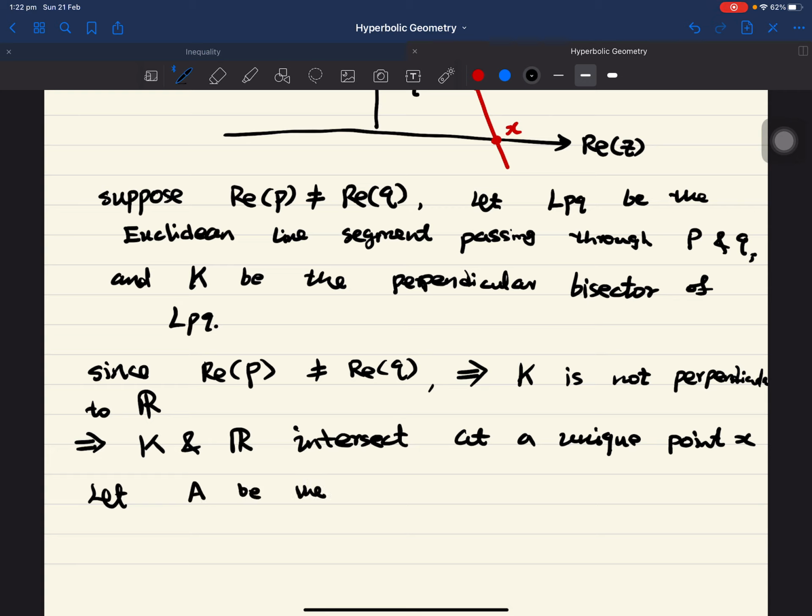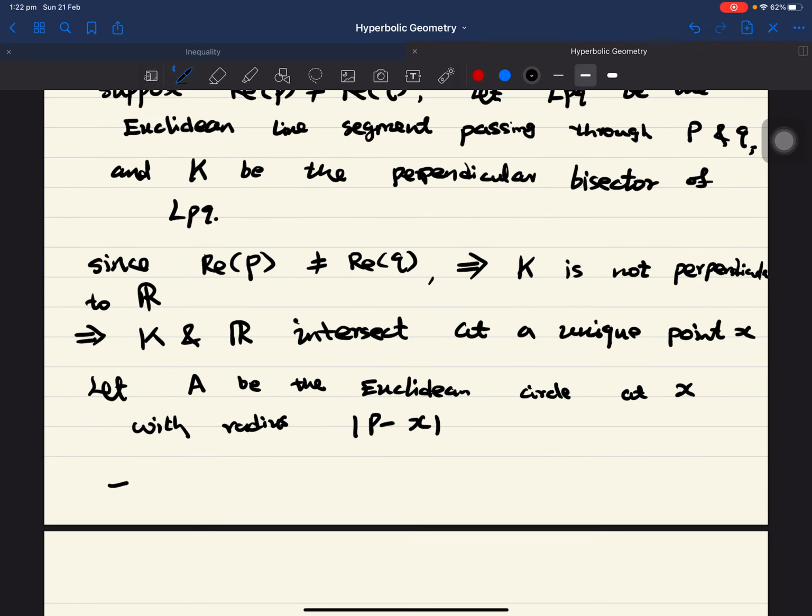Then we can let A be the Euclidean circle centered at X with radius P minus X. So A is the set of complex numbers z in C such that the absolute value of z minus X squared is equal to P minus X squared.